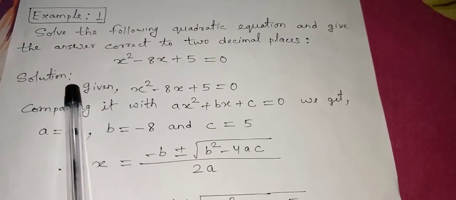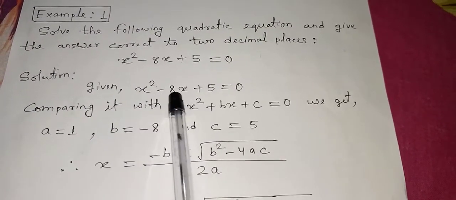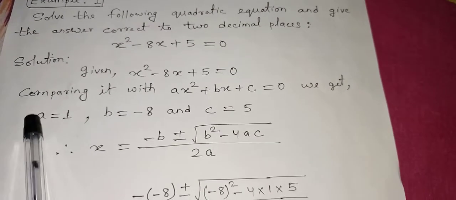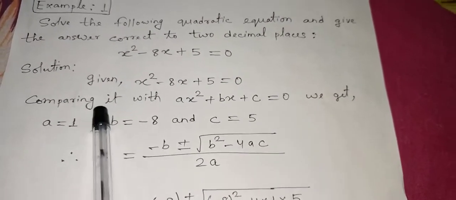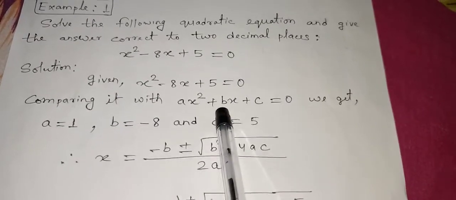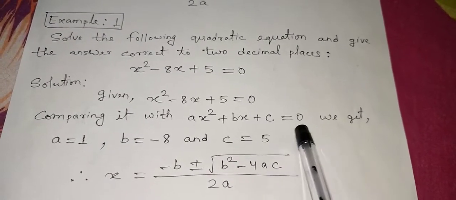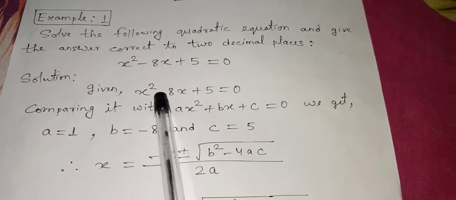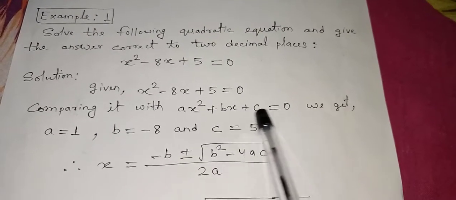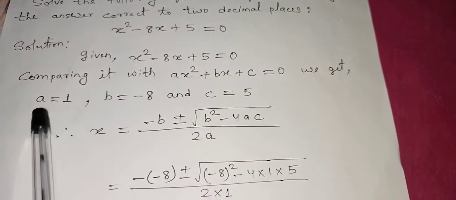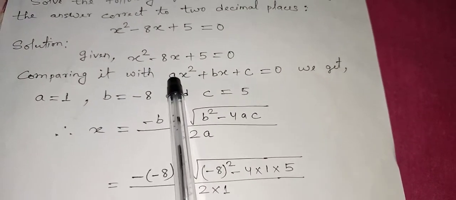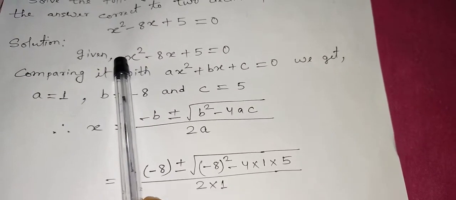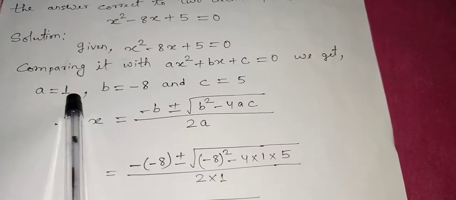So our solution starts, given x square minus 8x plus 5 equal to 0. Now comparing it with ax square plus bx plus c equal to 0, that means we will compare the given equation with the quadratic equation, and then what we get, you can see here the place of a has been taken by 1, nothing is here means there is 1, so I can say a equal to 1.